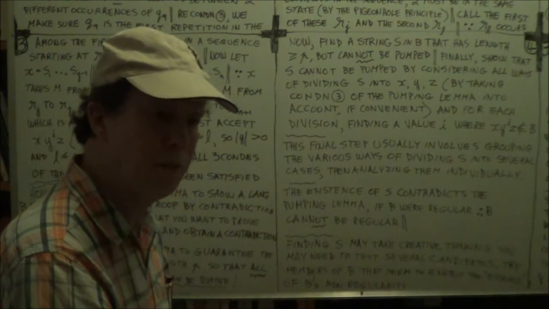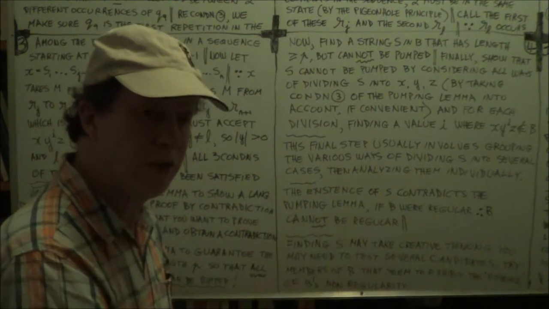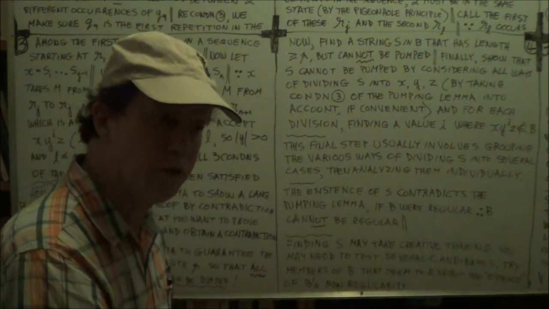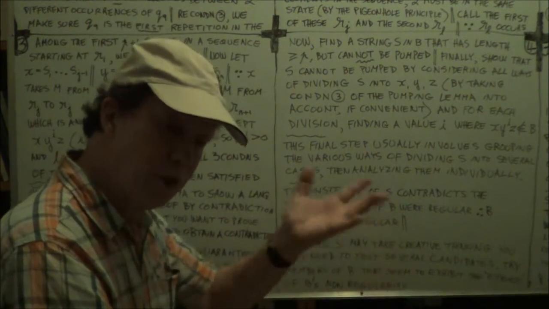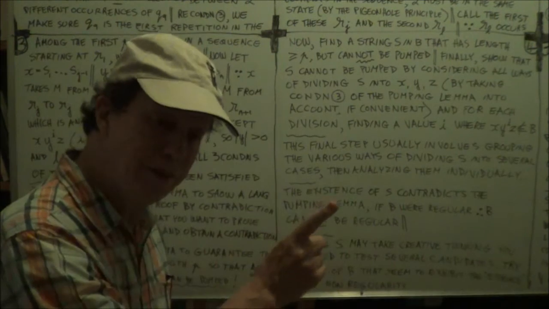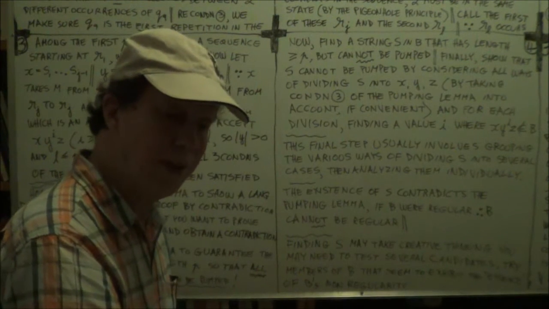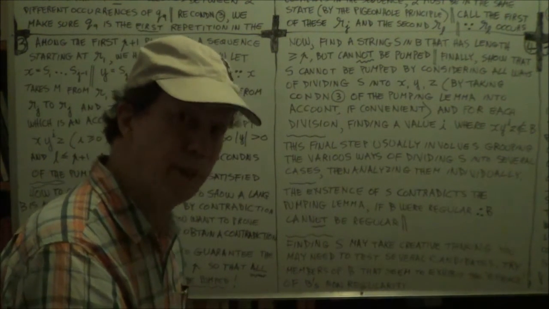You may think that the particular string s you're trying to use to obtain a contradiction is pumpable, unless you use condition 3, and then using condition 3, you find that string s is not pumpable.